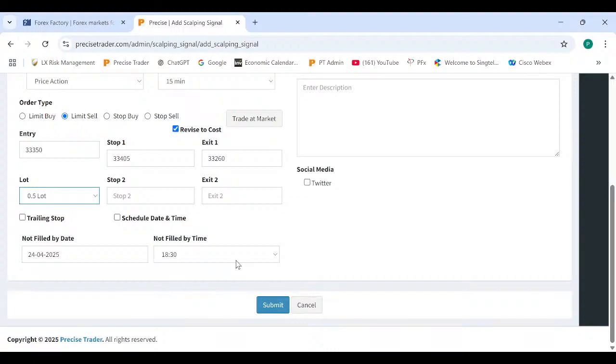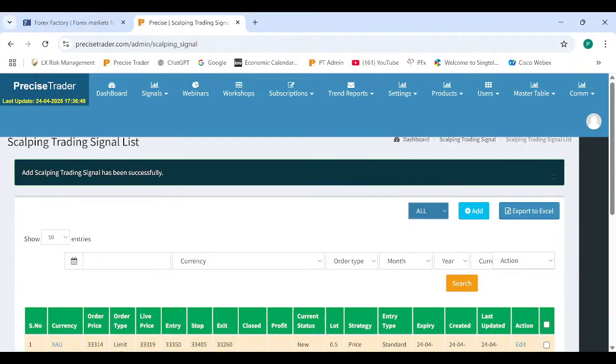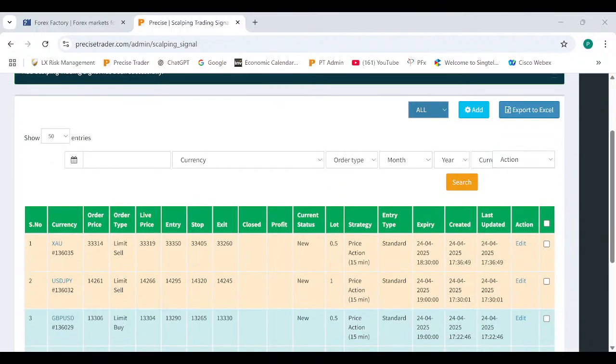I think we should have done the gold first. We should have taken the trade, but looks like we have missed it.